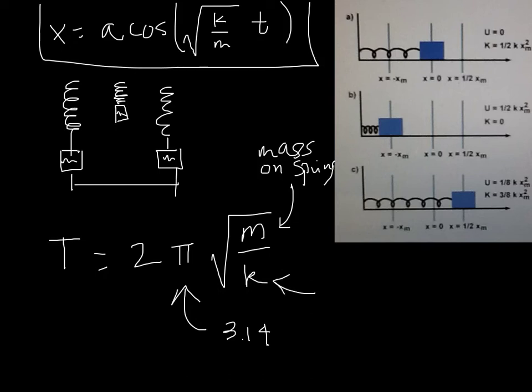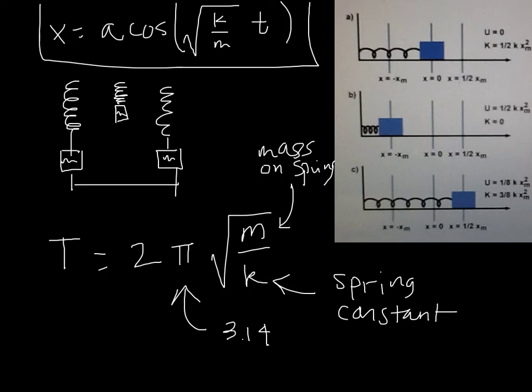And this k is that spring constant, the same variable that we saw in Hooke's law. The interesting thing about this equation is that it is not dependent at all on how much the mass is displaced originally.